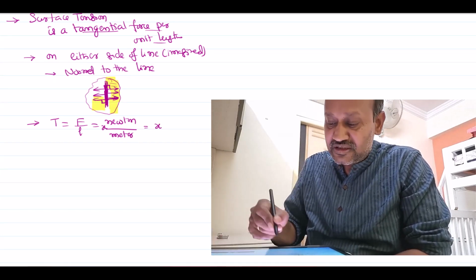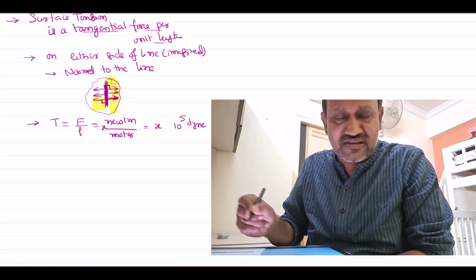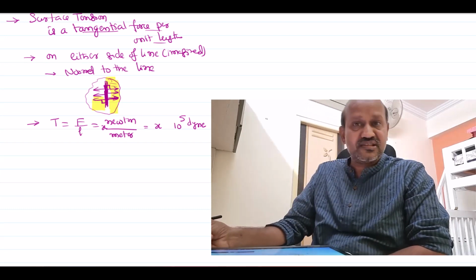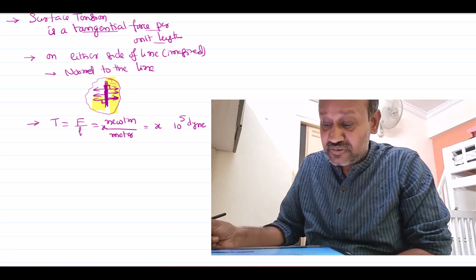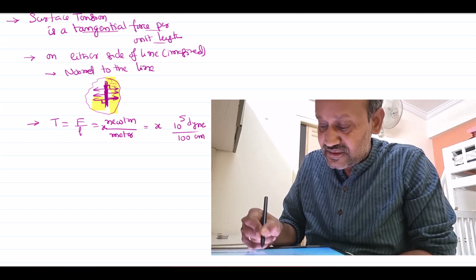Newton can be converted. 1 Newton is equal to 10 power 5 dyne. This we have learned in units and dimensions. Please check the chapter if you are not sure of this. 1 meter is also equal to 100 centimeters.